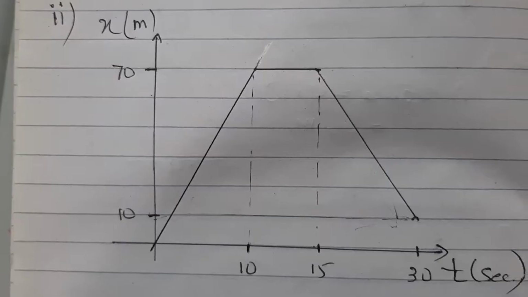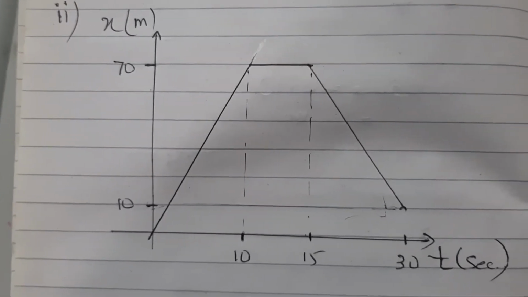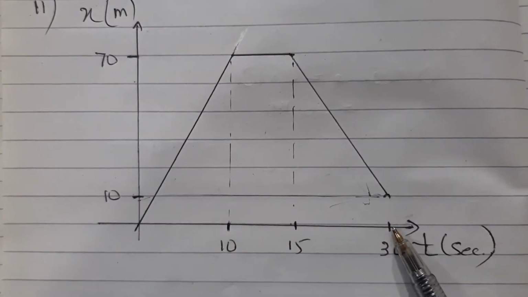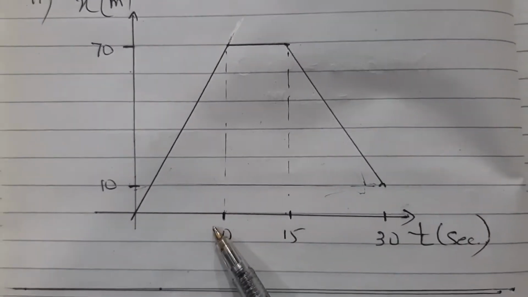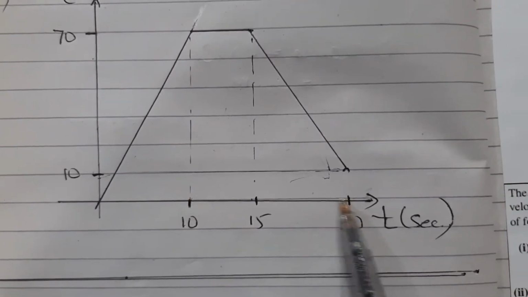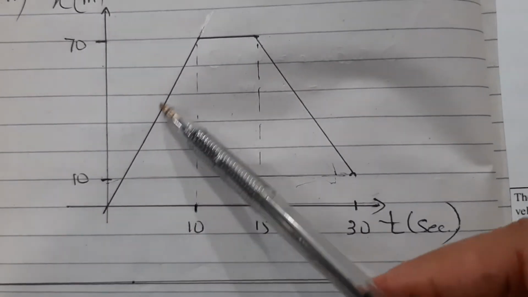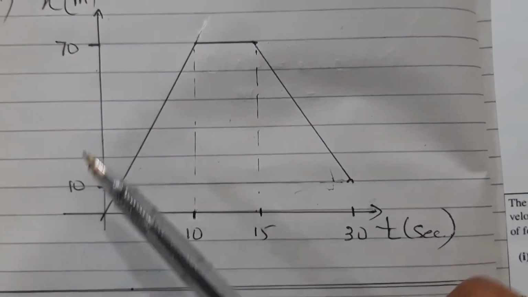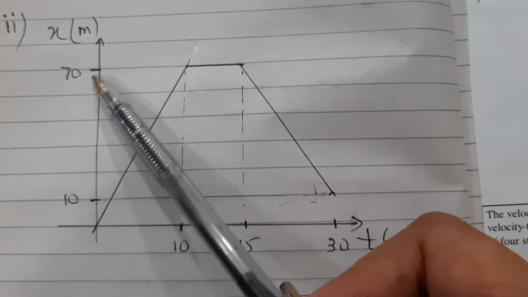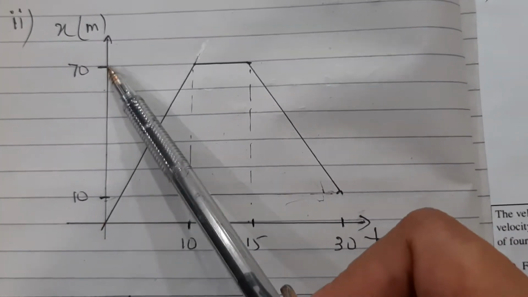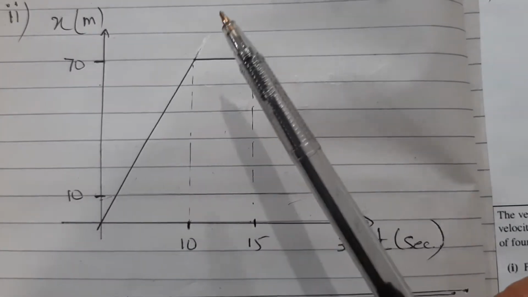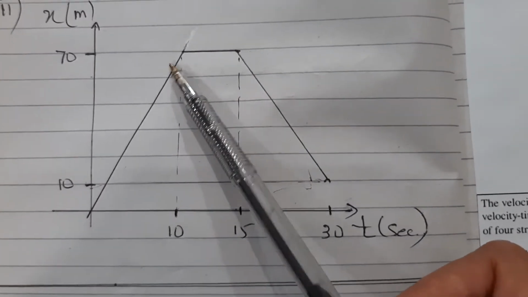So let's see it. In the displacement time graph, definitely you will mention the time scale exactly what is mentioned in the velocity time graph. It was 10, 15 and 30. So the time interval will remain same, and what is happening in that time interval, that you have to show. Now since it is a displacement time graph, on the y-axis you will show from 0 to 70, because when the object started at A and reached C, the boy I mean, he covered 70 meter.